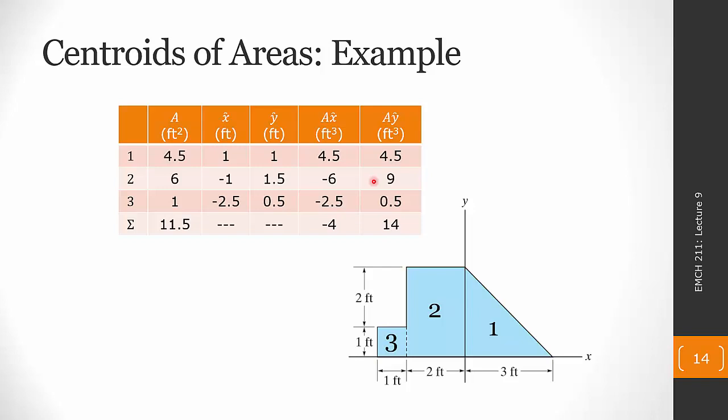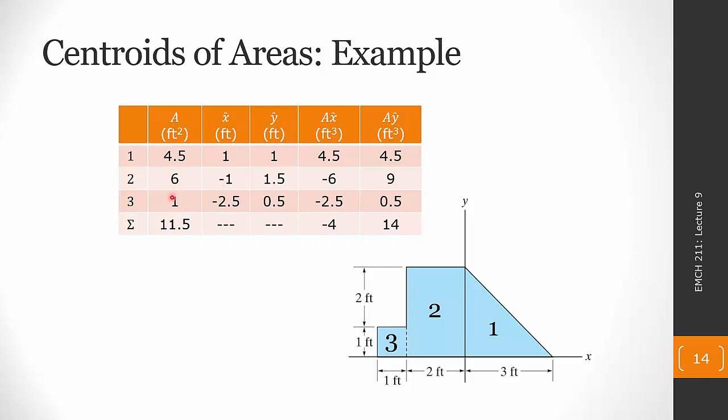So for row 2 or shape 2, 6 times negative 1 gives us negative 6, and 6 times 1.5 gives us 9. Here we want to pay attention to the sign of our products. It is possible for our x tildes, y tildes to be positive or negative. So we see here our x tildes, because they are to the left of the origin, are negative. But it is also possible for our area to be positive or negative.